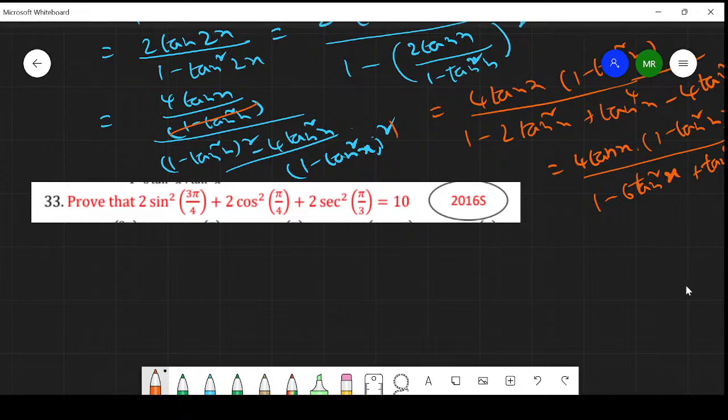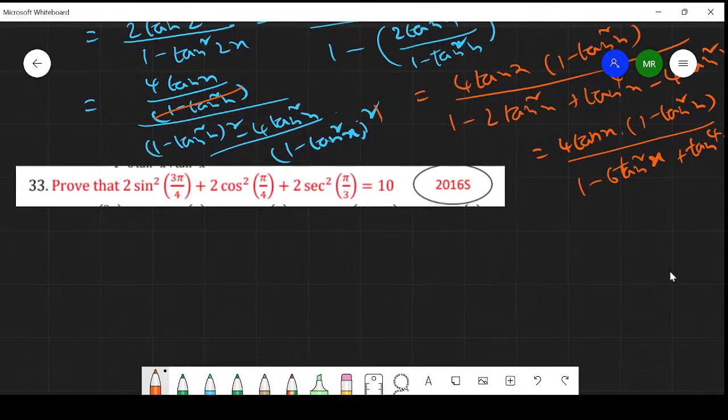Prove that 2 sine square 3 pi by 4 plus 2 cos square pi by 4 plus 2 secant square pi by 3 is equal to 10. To solve this problem, first we find sine 3 pi by 4, which is like 135 degrees. That means this is in the second quadrant.